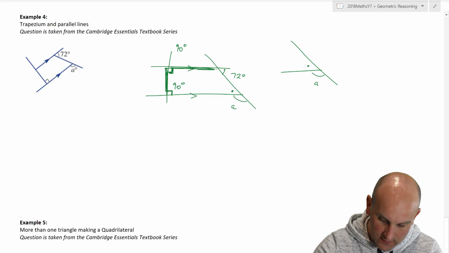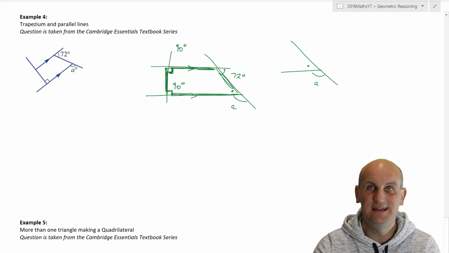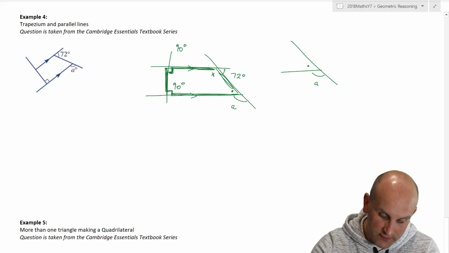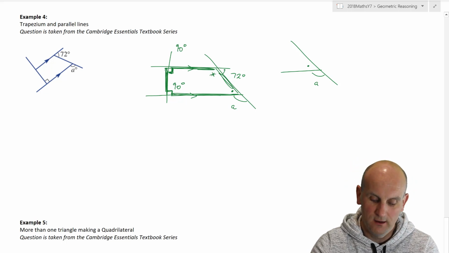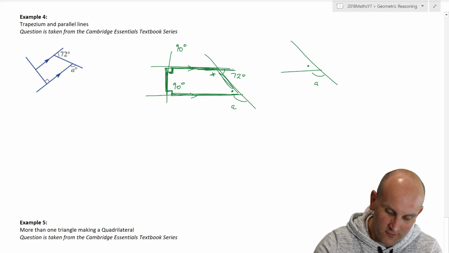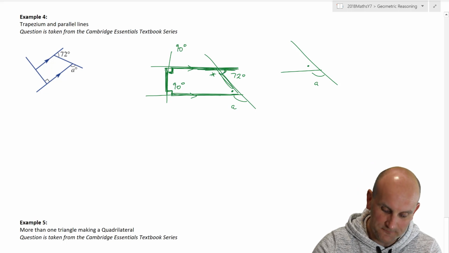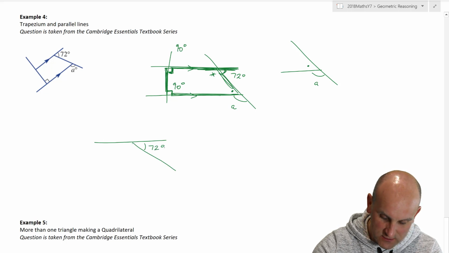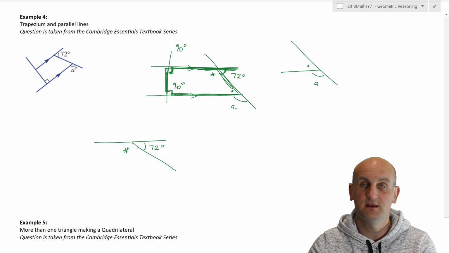Let's highlight it for you here. I need to know 3 of the angles to find another one. So I've got to be able to find this star angle. How am I going to do that? Hold on a moment. Look, I've got another straight line. So I've got a straight line with an angle coming off here at 72 degrees, which means I can find my star.